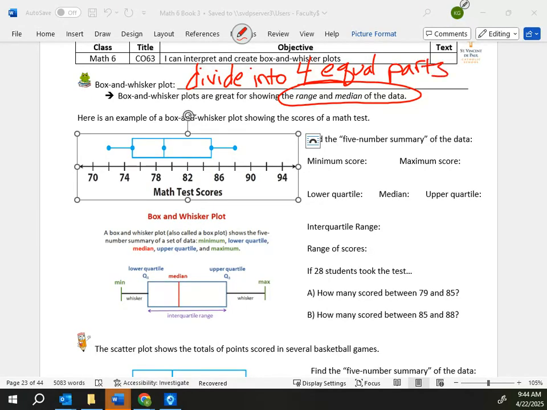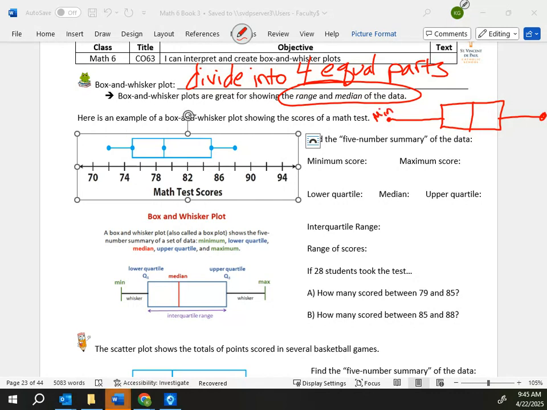Remember, you can put this, no numbers, but you can write what a box and whisker plot looks like. So I would put on my help sheet that, and I would label my 5 parts.